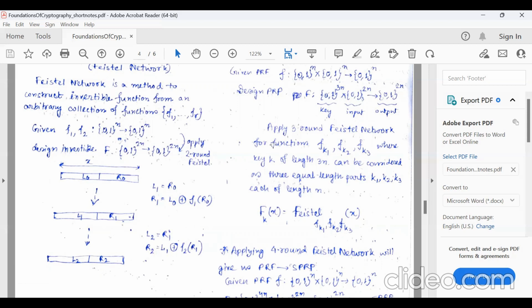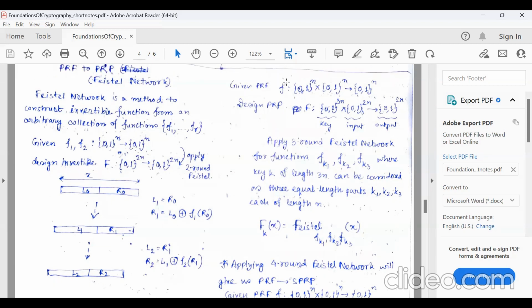Now, for constructing PRP from PRF, you can make use of this network. You are given a PRF of key length n, input length n, and output length also n. Now your PRP will have a key length of 3n, input length of 2n and output length of 2n. Again, a similar kind of design will be there. The only difference is that we have only one function f instead of two different functions f1, f2.